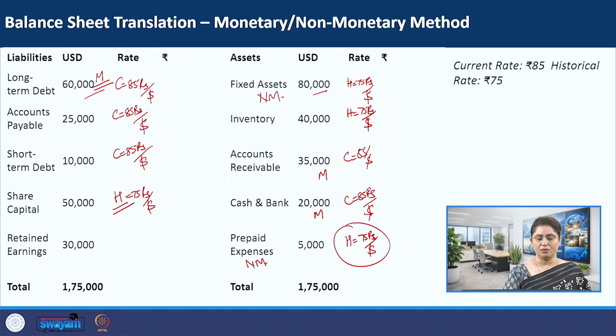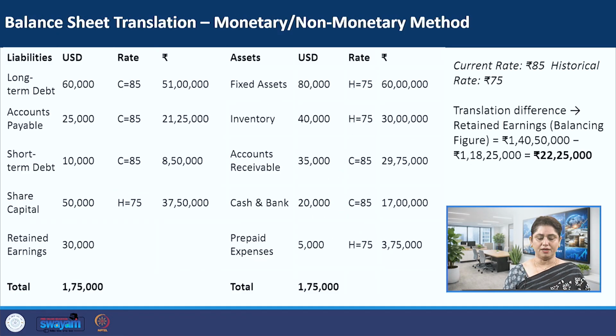Now, we have to convert everything into rupee. We will multiply 60,000 USD into the rate given, which is 85 rupees per dollar, and we will multiply 25,000 into 85 rupees per dollar, and we will get the rupee value here. Similarly, we will multiply 80,000 into 75 and 40,000 into 75, and after multiplying all these values, we will get the rupee amount here.